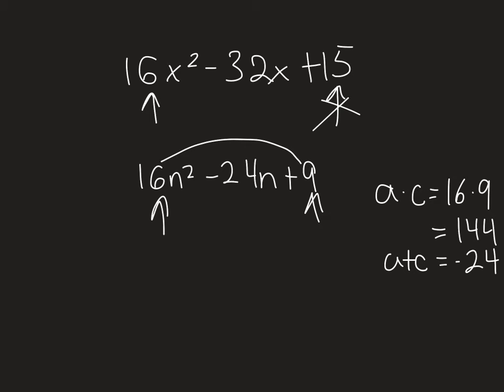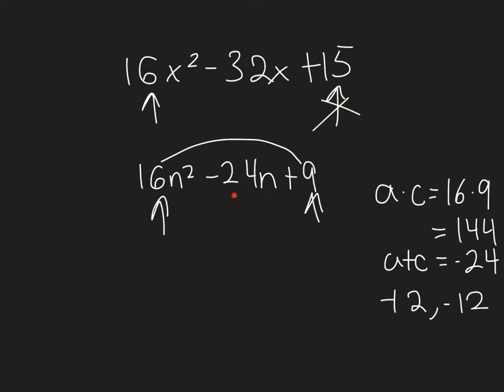So it looks like we're looking for the pair negative 12 and negative 12. Because negative 12 times negative 12 would multiply together to be 144 and add up to a negative 24.